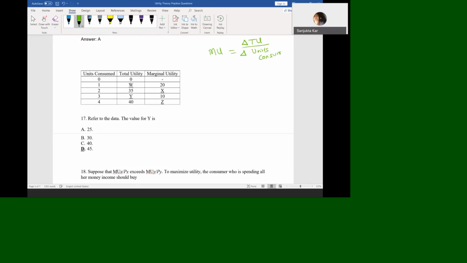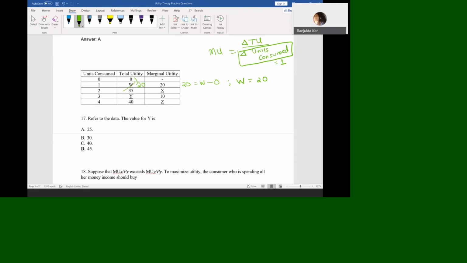The denominator will be equal to 1. So I will focus on the numerator, which is the change in total utility. So here, this 20 is equal to W minus 0. So W is equal to 20.